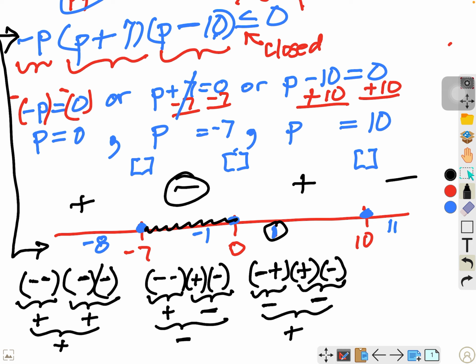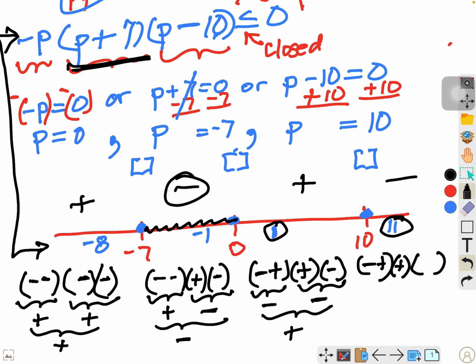And we test our final region by plugging in the number 11 to our inequality. Negative p, negative 11. We're plugging in a positive 11 behind a negative. The middle quantity, p plus 7. So 11 plus 7, that's going to be 18, or a positive number.